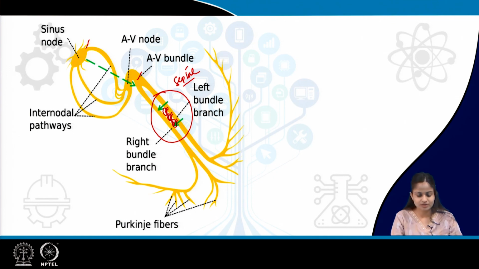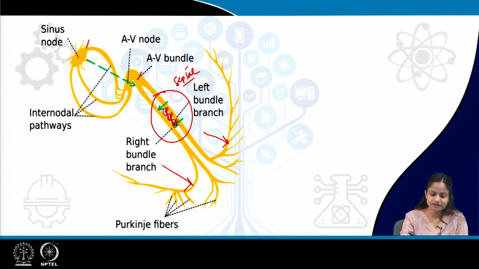After the septal depolarization, there will be depolarization of the ventricular muscle from the endocardium to the epicardium. Endocardium to epicardium means from the inner side of the myocardium towards the outer side, because the Purkinje cells present here are the maximum conducting fibers, and these are present at the level of the subendocardial surface.